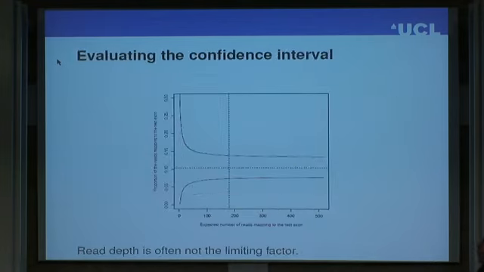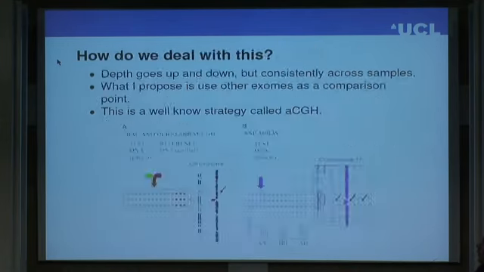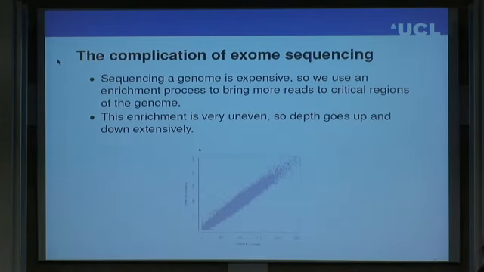If you go back to this first graph I showed you at the beginning, this graph here, the tighter the correlation here, the easier it will be to call copy number variants outside of those regions, right? So you want a very tight sort of thing here. However, if you have a batch of exomes, some may be very tightly correlated, and some may be quite different.